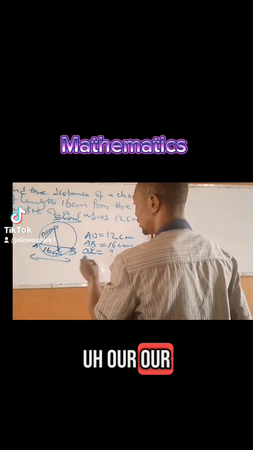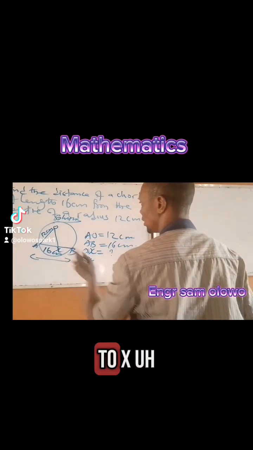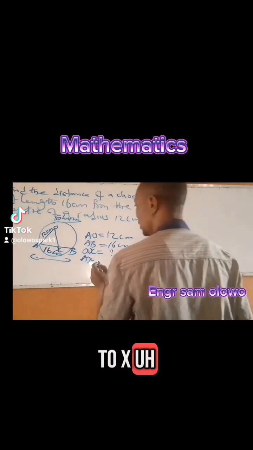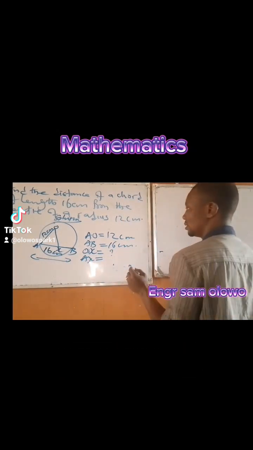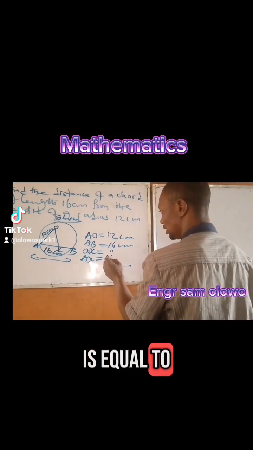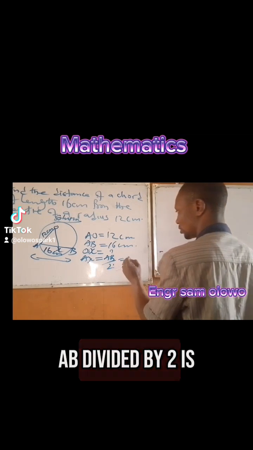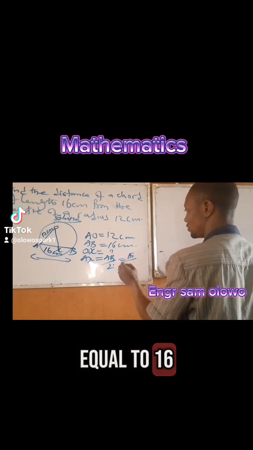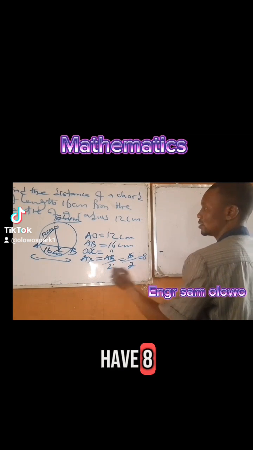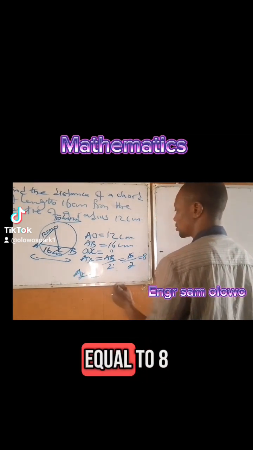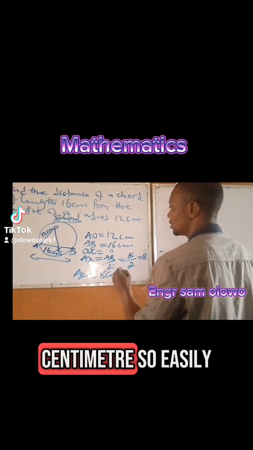Our AX, from A to X, can be deduced from AB: AX is equal to AB divided by 2, which is 16 divided by 2, we have 8. So our AX is equal to 8 centimeter.